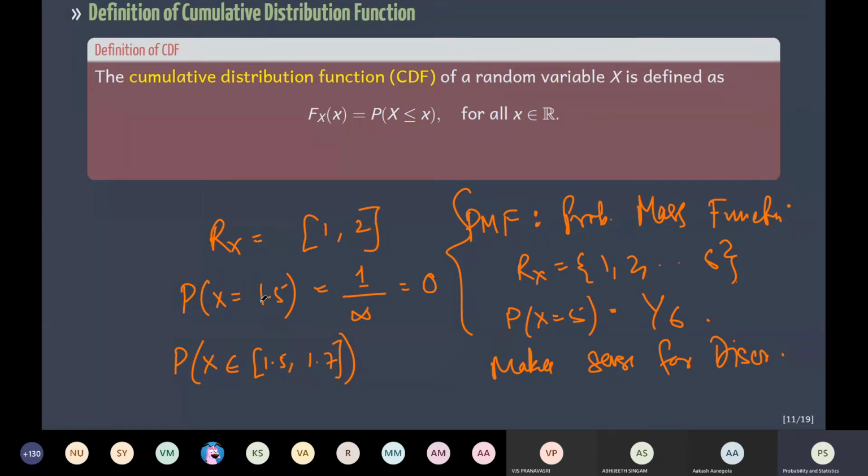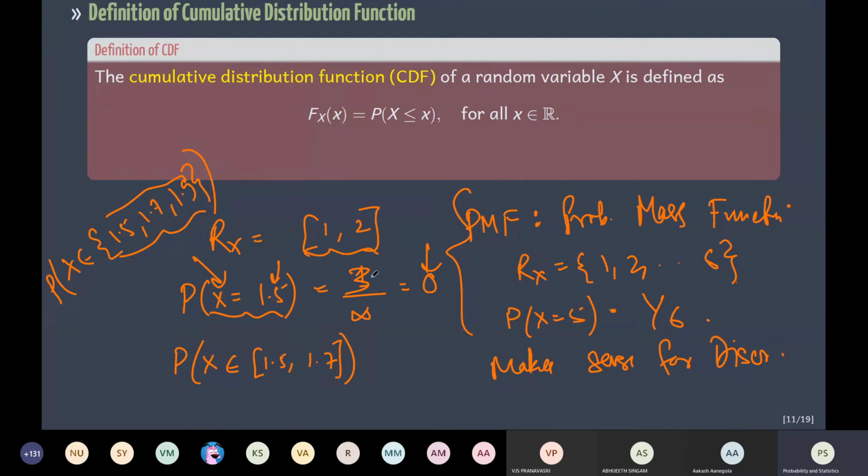Even if I say that the probability that x lies in, let us say, 1.5, 1.7, 1.9, so instead of just 1 point, even if I define x to be 3 points, it still doesn't change the outcome. Just having finite numbers, computing the probability of any of these out of infinitely many always turns out to be 0.